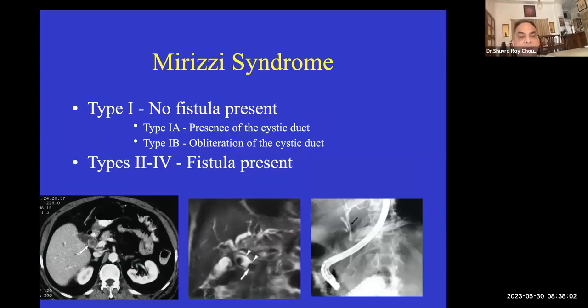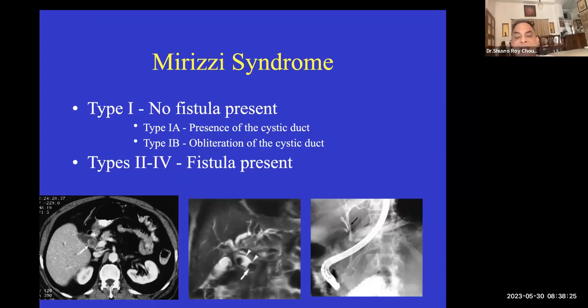Just a few other quick conditions. Mirizzi syndrome is something important for you guys to consider. Mirizzi syndrome is a stone or inflammation in the gallbladder neck, most often due to the stone. And because the stone is in the gallbladder neck, it causes the inflammation. It causes the stricture or causes a narrowing of the common hepatic duct.